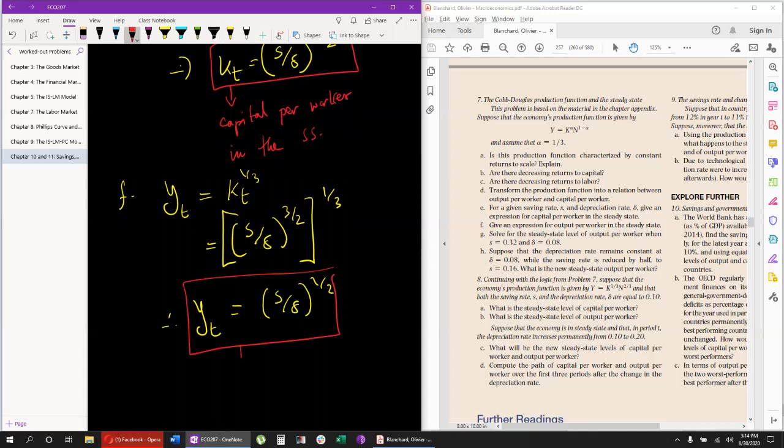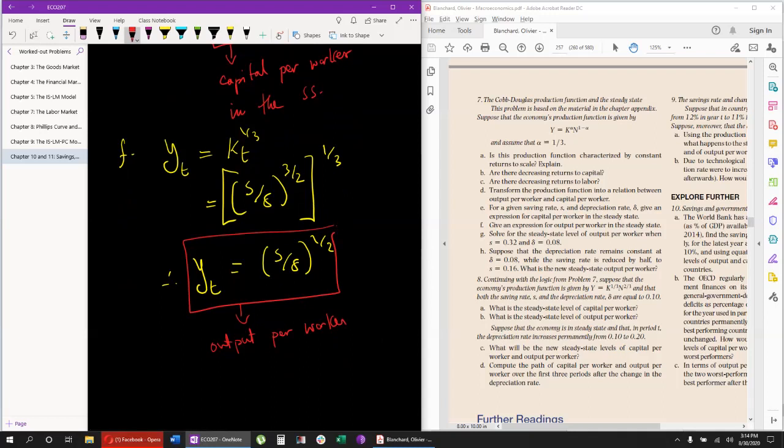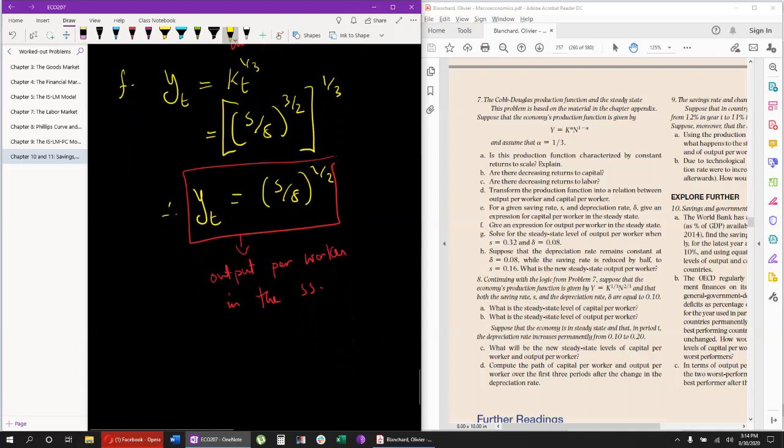And this is output per worker in the steady state. That was F. Let's move on to part G.